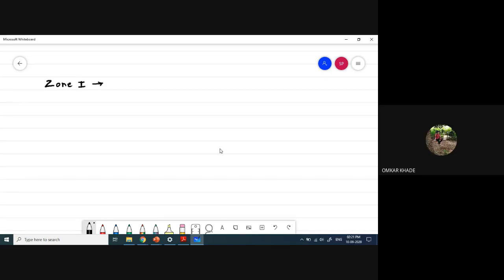Ma'am, 2-legged and spacing is 290 mm. 2-legged, and what is the diameter of the bar? 10 mm diameter. 290 mm spacing, center to center. Okay. Zone 2.